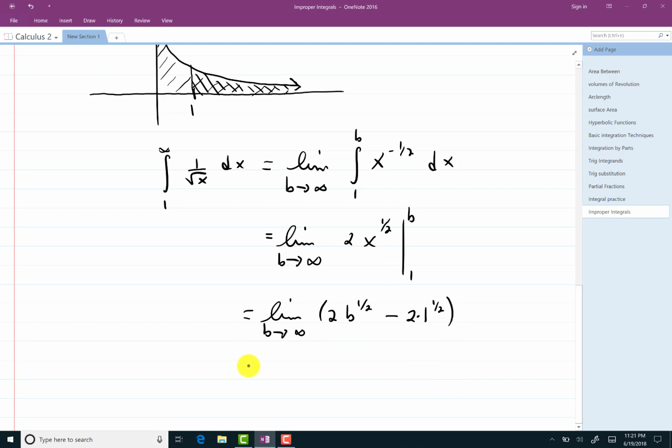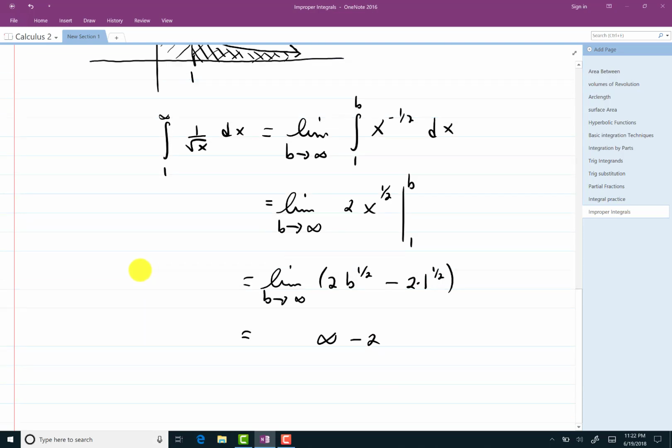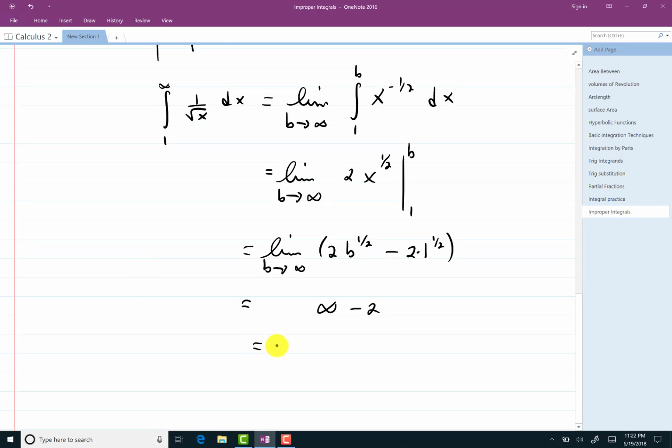You should know that if this power is positive, this part here automatically goes to infinity. The limit of a constant is not important because it's just that constant. So I'll get infinity minus 2. Well, it's still infinity.